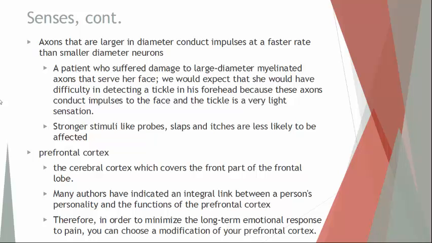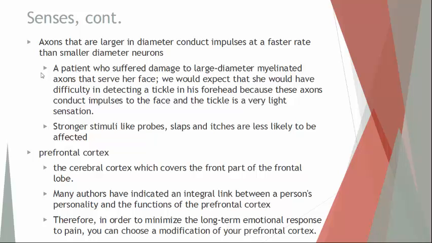It's the same thing with blood vessels. The more room there is and the less peripheral resistance there is, the faster stuff can get to where it's going. Alright, here's another example. Say a patient has damage to axons that are myelinated and of larger diameter.